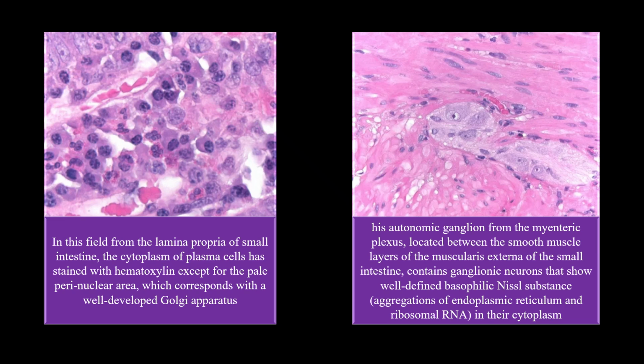The lamina propria of the small intestine, cytoplasm of plasma cells staining. This autonomic nerve plexus is located between the smooth muscle layers of the muscular layer of the small intestine and contains aggregations of endoplasmic reticulum and ribosomal RNA in their cytoplasm.